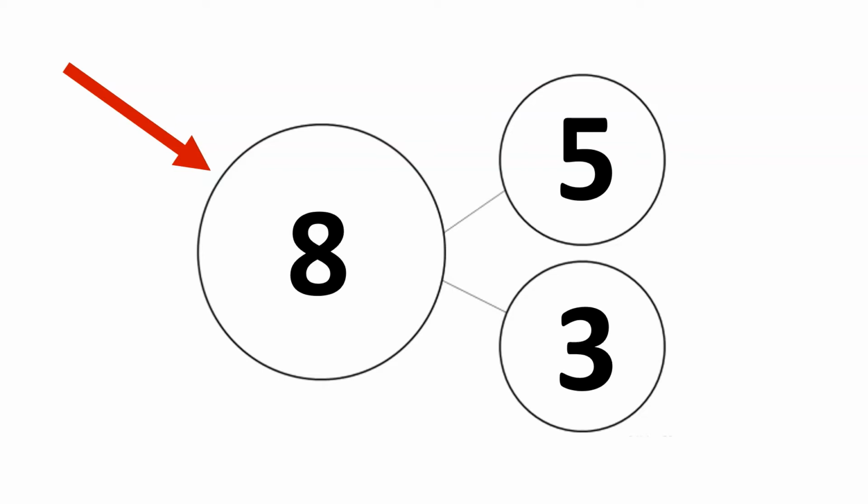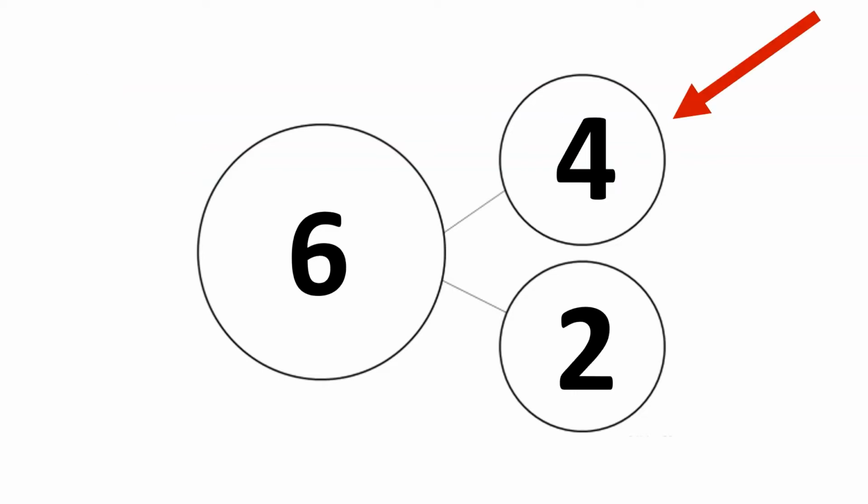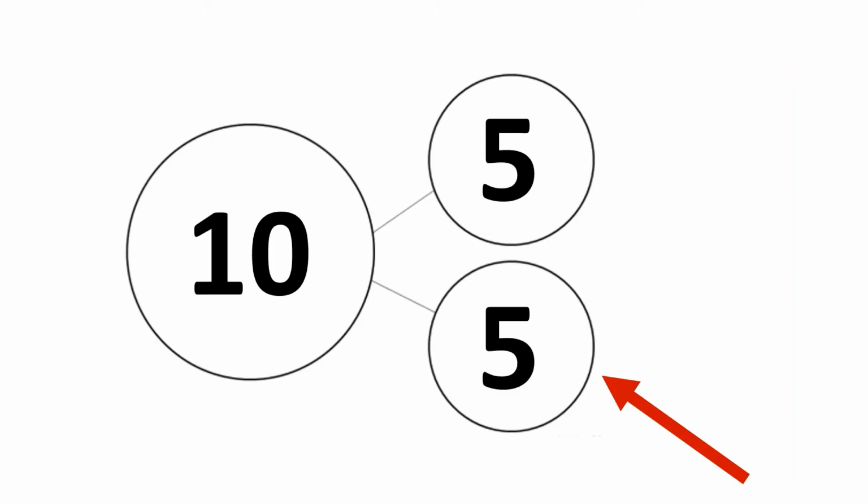Ready, go. Is the arrow pointing to the whole or part of a number bond? The part. The arrow is pointing to the part of a number bond. Here goes the next one. Is the arrow pointing to the whole or the part in this number bond? The part. The arrow is pointing to the part.